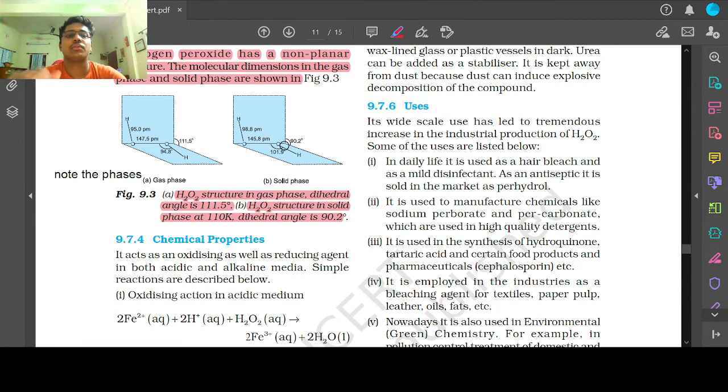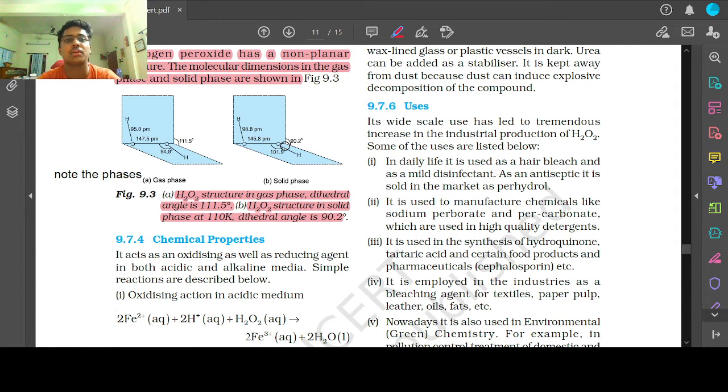You need to learn the phases distinctly and should not interchange the data between the two phases. In the gas phase, the dihedral angle is 111.5 degrees, and in the solid phase H2O2 has 90.2 degrees.